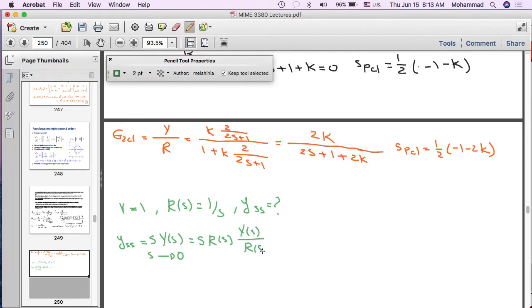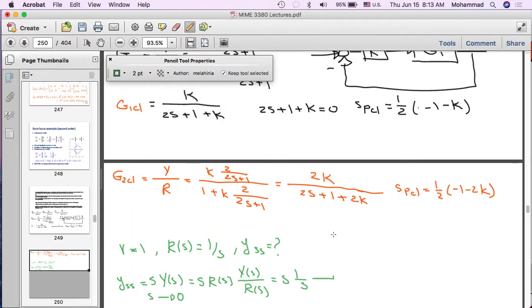That's the transfer function. So let's start with G1. We have R of S is 1 over S for all cases, and G1 closed loop, as you can see from here, is K over 2s plus 1 plus k.